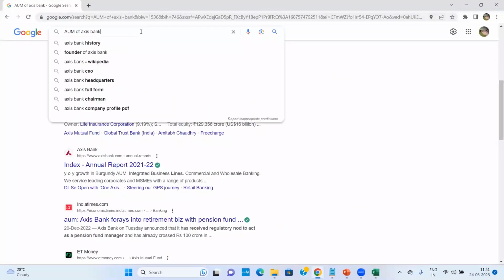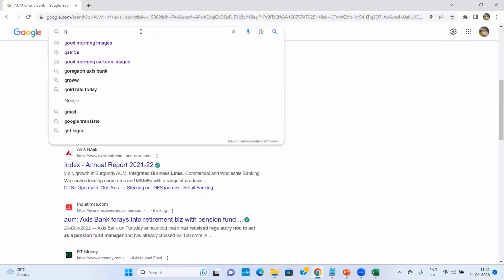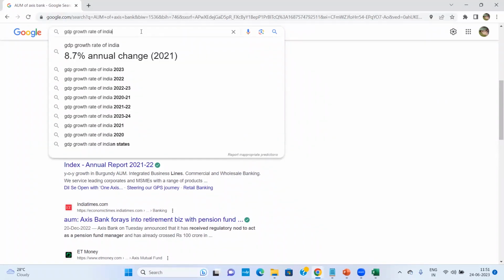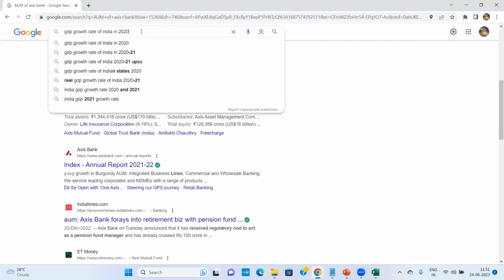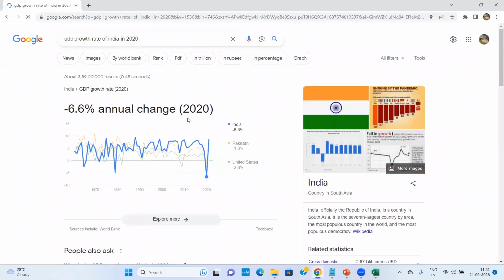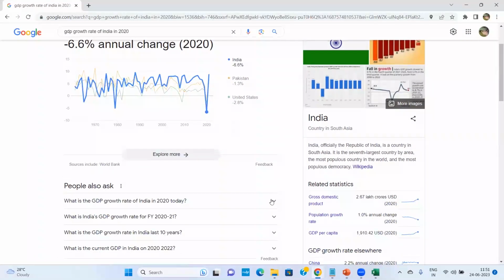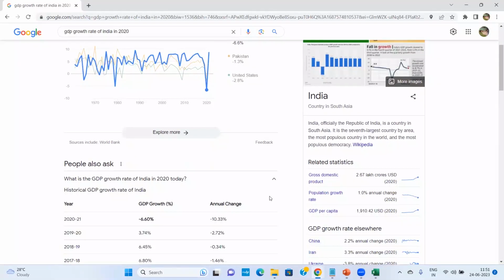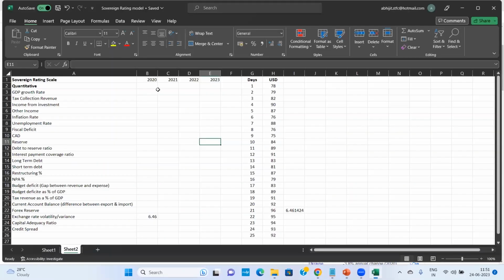Say if I ask for GDP growth rate, let us quickly have a look. GDP growth rate of India in 2020. Minus 6.6%. What is this here? 2020, oh, 3.74%. So it was 3.74%, right?